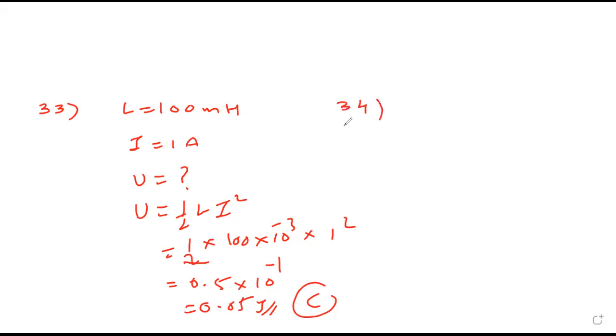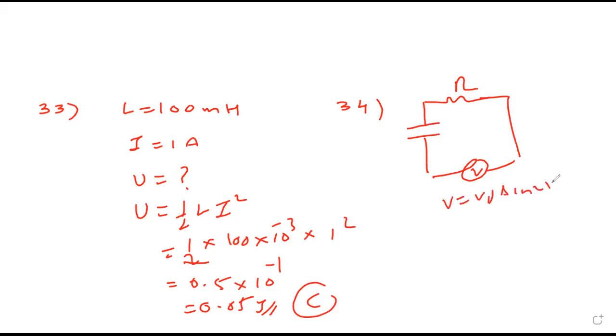Four. For a circuit shown in the figure, there is one resistance connected across and a capacitor connected across V equals V0 sine of 2 pi f t. The RMS voltage across the resistor is R times RMS current.